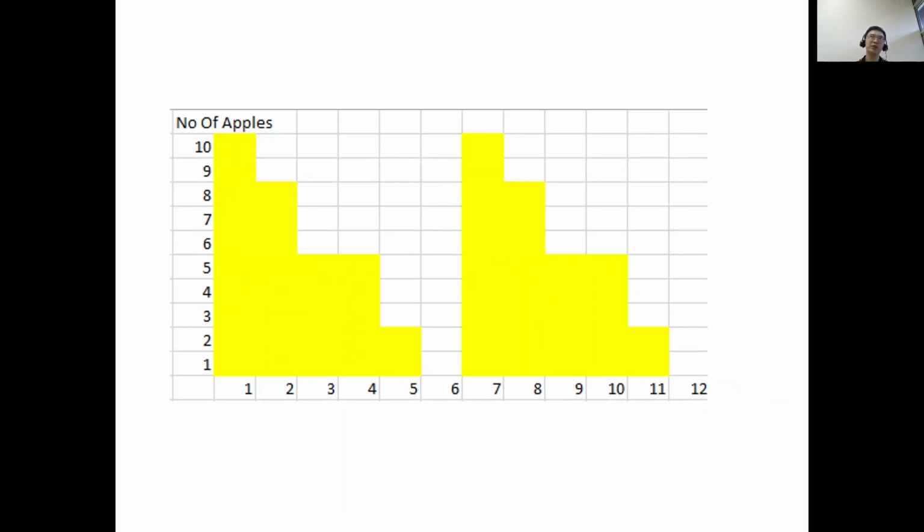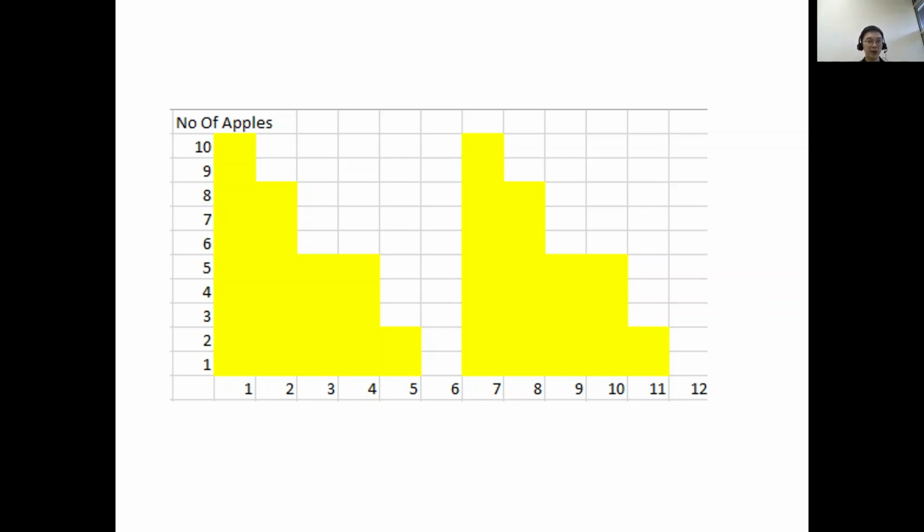Then the next question that students ask after I present a simple example like that is, it's so simple, I can just do it mathematically, why do I need to learn the graphical method? It's simply because there will be some harder ones where your mathematical methods don't work, or you need the graphical interpretation to give you a better understanding. So for example, I give you 10 apples the first day, 8 on the second day, then 5 on the third and fourth day, and 2 apples on the fifth day and none on the sixth day.